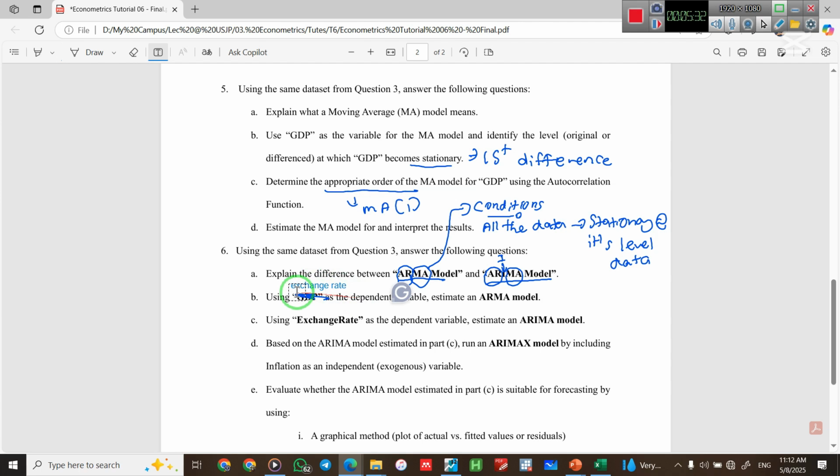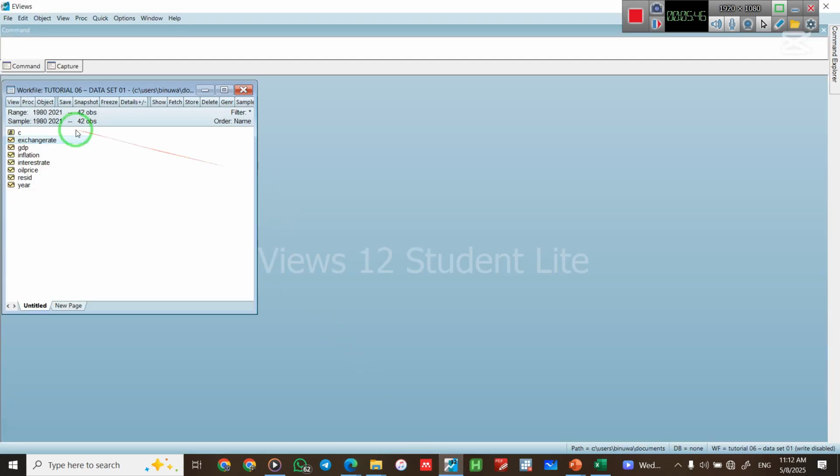So now what we have to do is, using the exchange rate as the dependent variable, estimate the ARMA model. So I will go to eViews. First I will check whether the exchange rate becomes stationary at its level data.